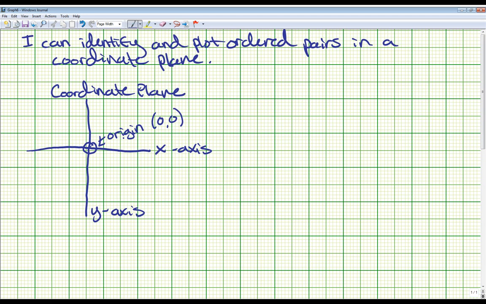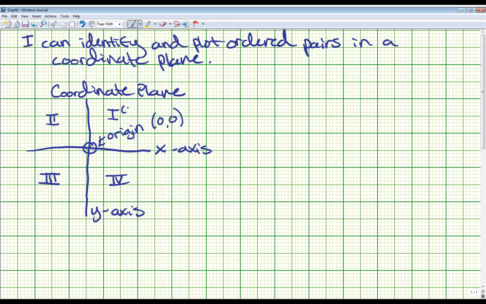And then the last thing I want to talk about are the 4 different sections of the coordinate plane. They're called quadrants. And so this quadrant right here would be quadrant number 1. Then it goes around this direction. So this would be quadrant number 2, quadrant number 3, and they use Roman numerals to label these typically. This is quadrant number 4.